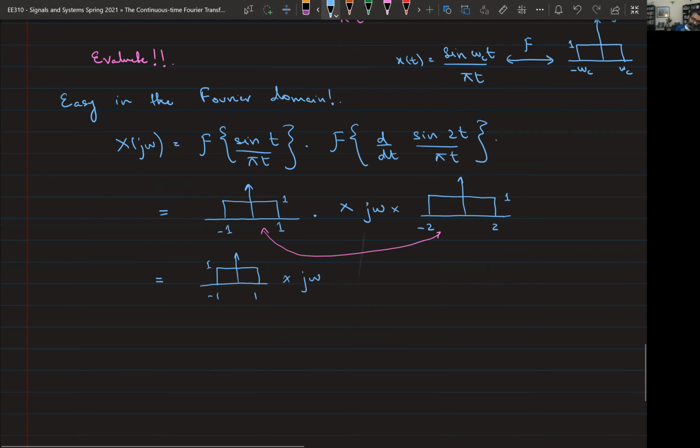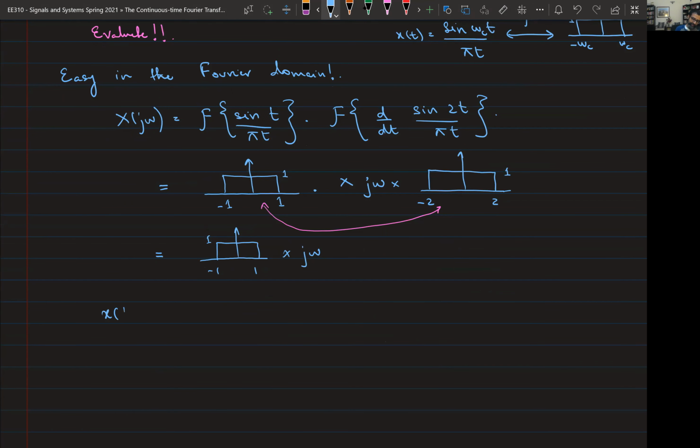So the inverse Fourier transform, x of t, would simply be the derivative of the inverse Fourier transform of the rectangular pulse, which is sine t divided by pi t. And you can go ahead and evaluate the derivative for this. That's easy to do. Okay, just apply the division rule. All right.